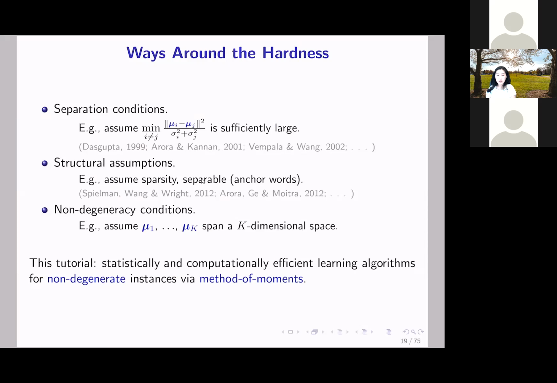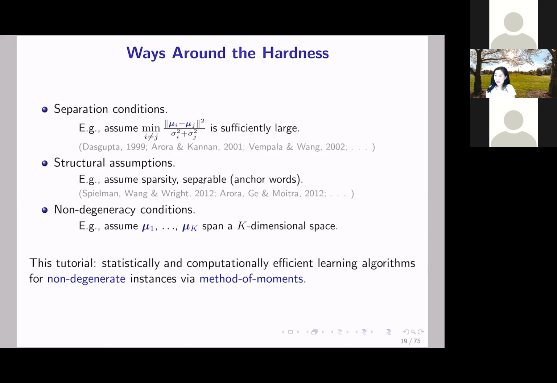The first assumption is the separation condition. It basically means that, relative to the variances of these Gaussians, the means are separated enough for us to separate the two mixture components.